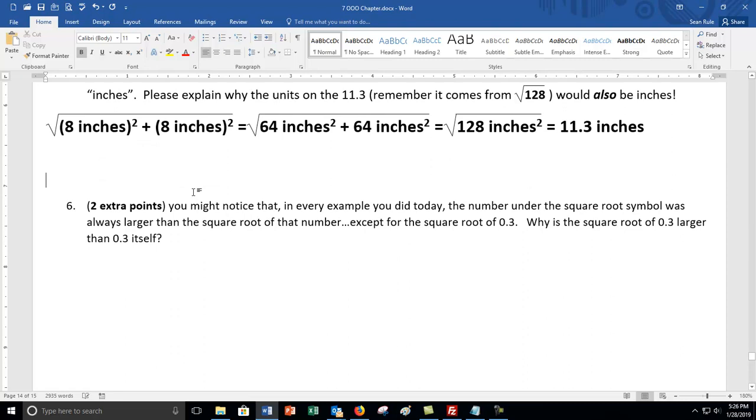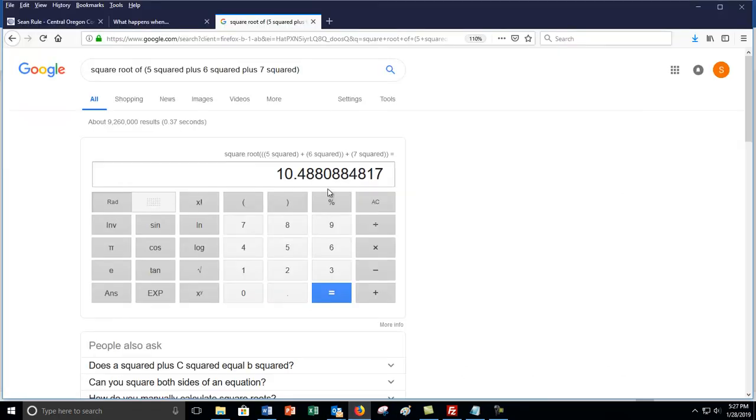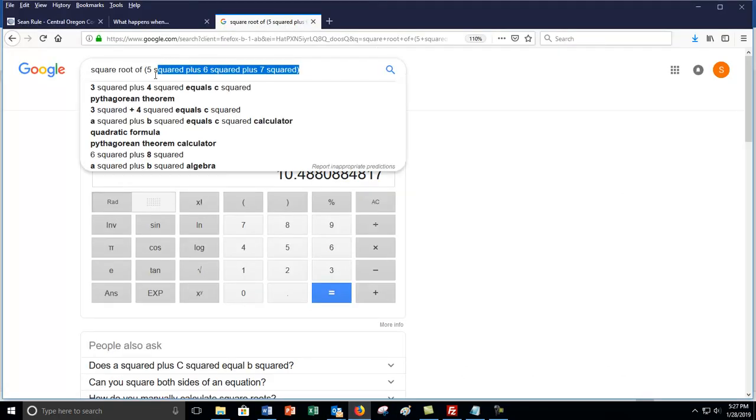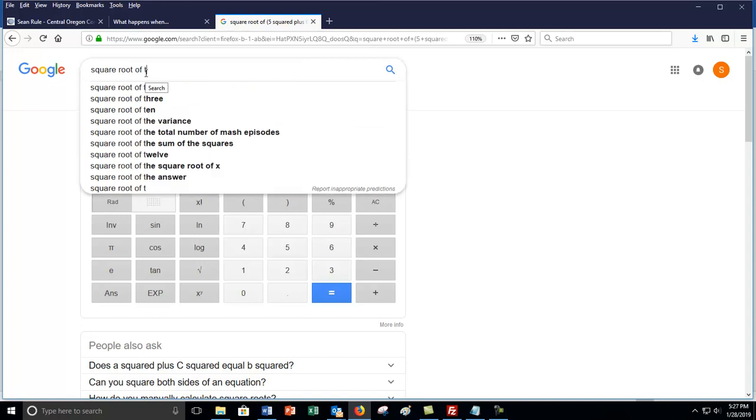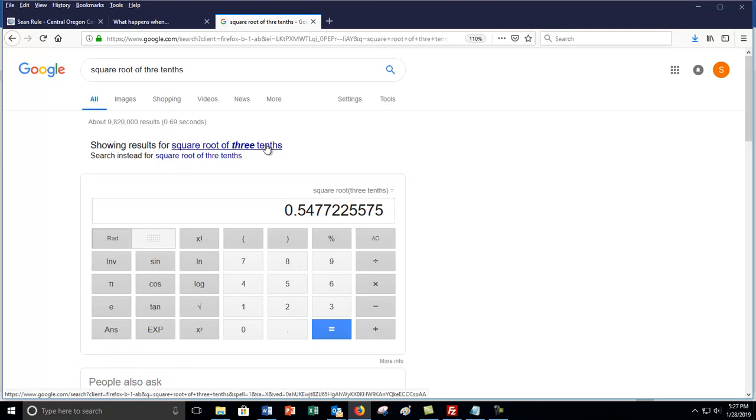You might notice that in every example you did today, the number under the square root symbol was always larger than the square root of the number, except for the square root of 0.3. Remember that one? That was the one where you took the square root of 0.3, it went to 0.5, I think. Square root of 3 tenths. And it ends up being 0.55, right?